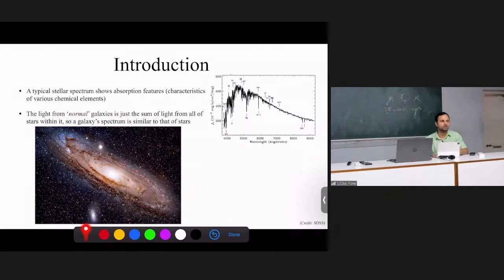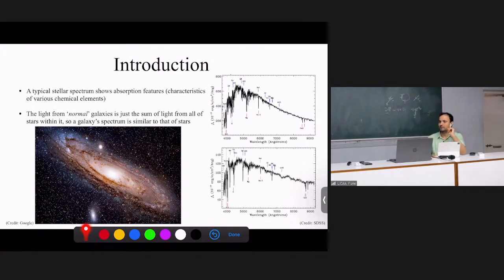Since the spectrum of a star is predominantly an absorption spectrum, and we are seeing the collection of light from all the stars, collectively we will be seeing an absorption spectrum. So this is the spectrum of a normal galaxy. Got the idea? If some alien takes the spectrum of our Milky Way, most likely the alien is going to see this.